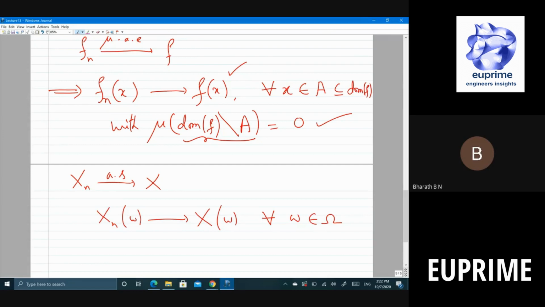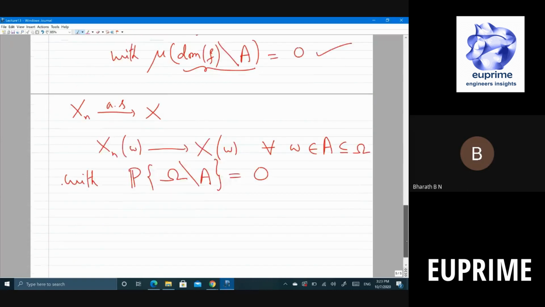For every omega belonging to a set A, which is a subset of Omega, where Omega is your domain of X and A is your set of interest, the probability of Omega remove A should be 0.